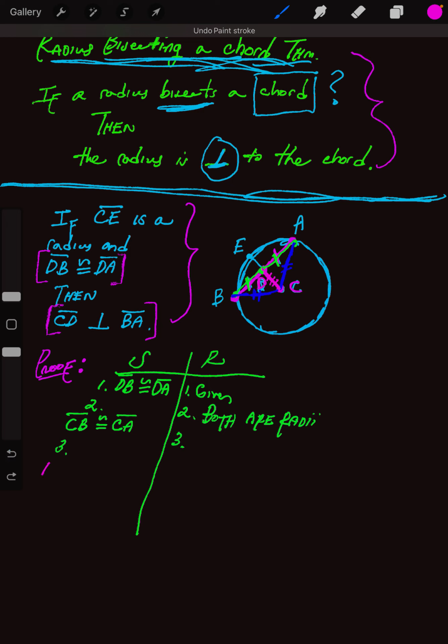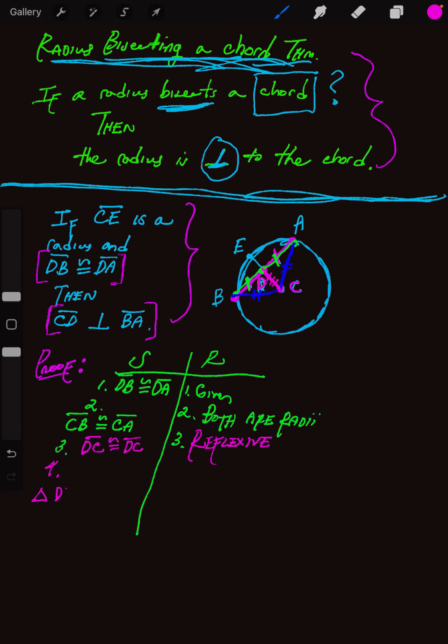The redundant statement is that DC is congruent to itself. Reflexive. And now I can talk about what I wanted to originally. So now I can say triangle DBC is congruent to triangle DAC.